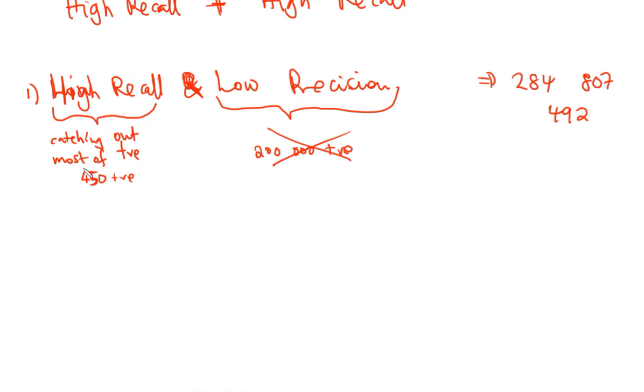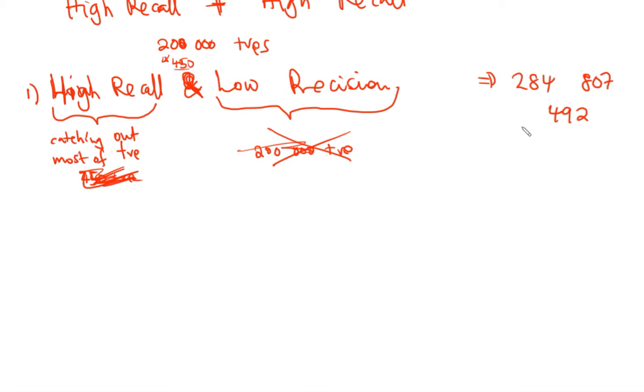High recall just says the truth is it's not going to be 450. Your model is returning 200,000 positives. That's what the model is saying. When it's returned 200,000 positives, high recall says, inside that 200,000, yes, you are right, 450 are actually positive.